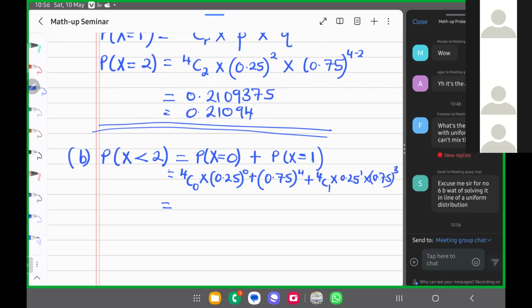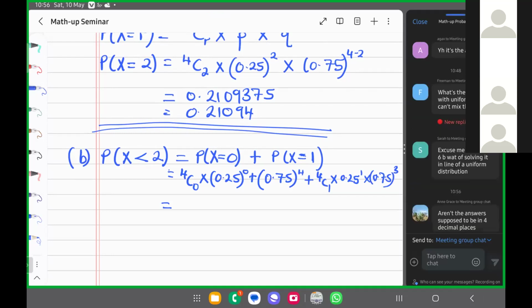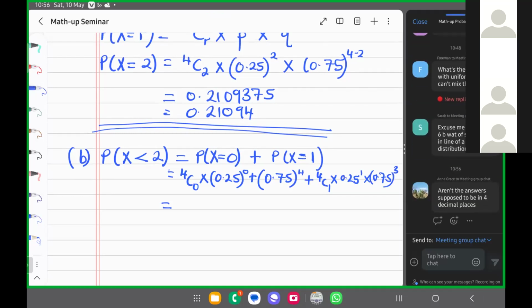What are we getting for the probability of X equal to 0? The answers are supposed to be to 4 decimal places, so you round it off to 4 decimal places. Part A was 0.2109.